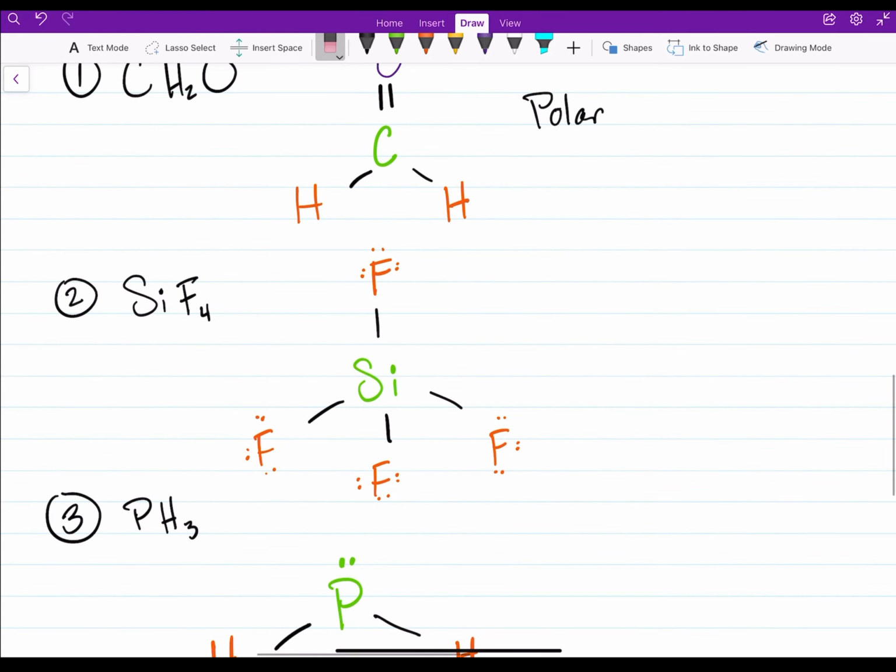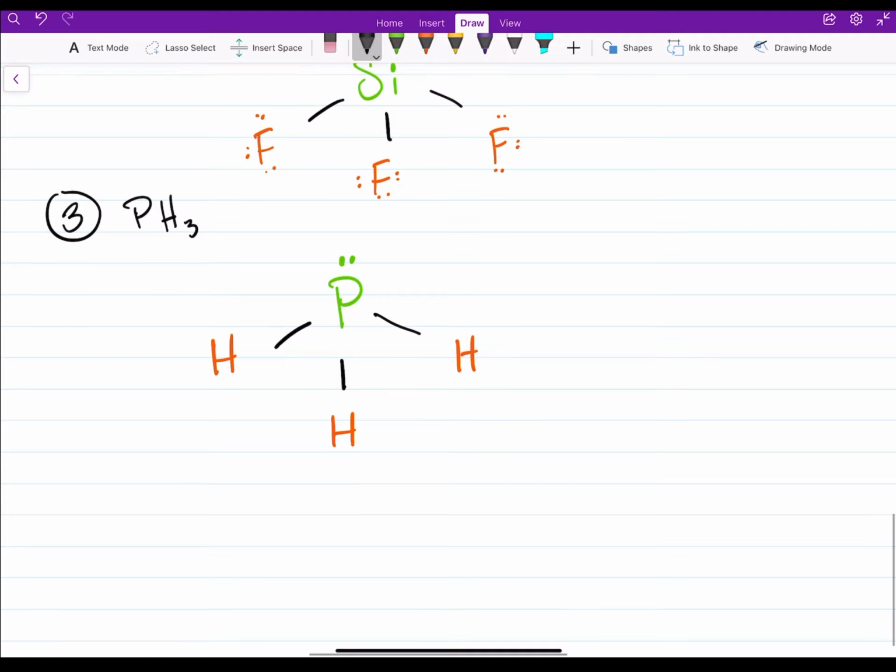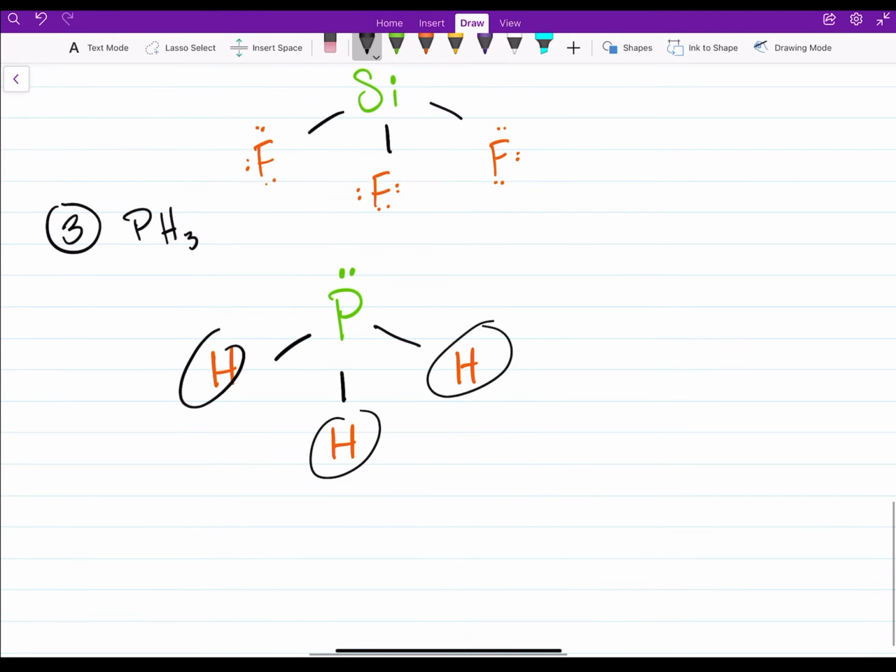Number 2, we have our central atom, and then we have all of the same on the outside, which makes this one non-polar. So this would be like molecule 1 in that chart. So everything is the same on the outside. Now PH3, all of our hydrogens are the same. However, we have a lone pair, and that would be like molecule number 2. And this is polar. So if we have that lone pair, that overrides everything being the same on the outside.